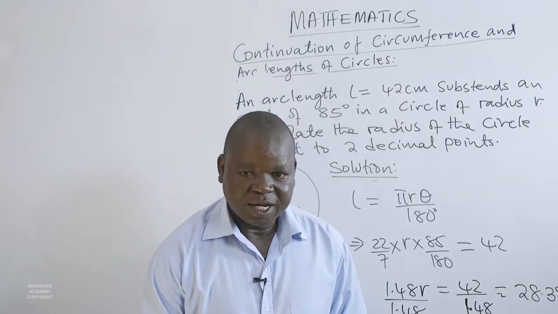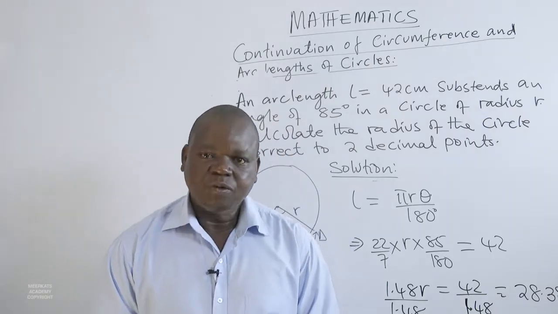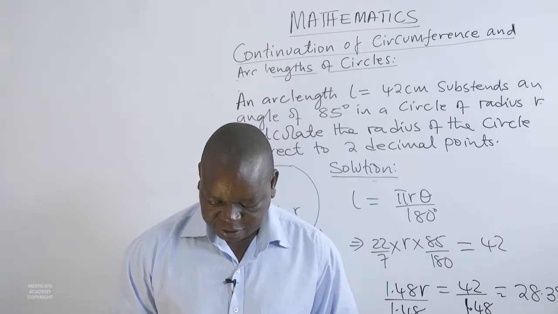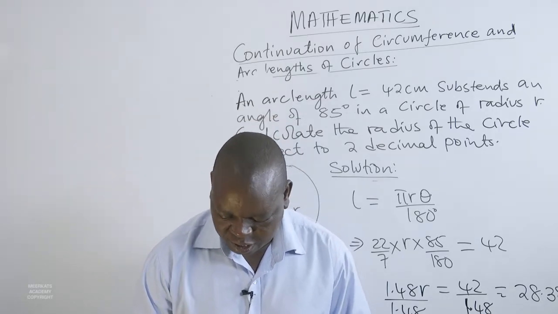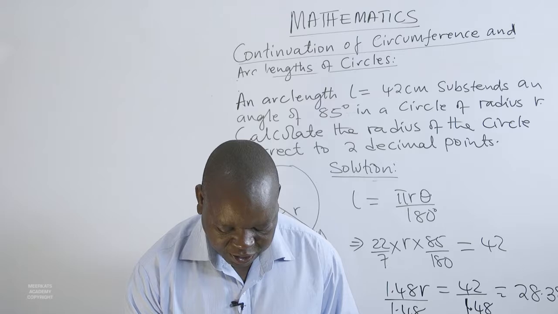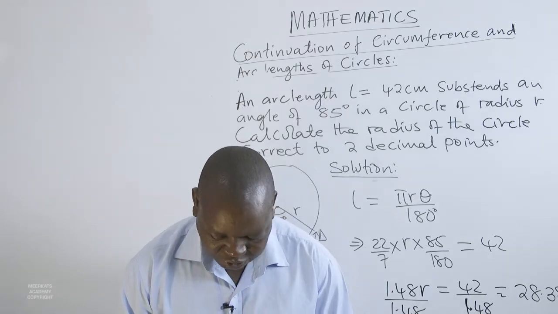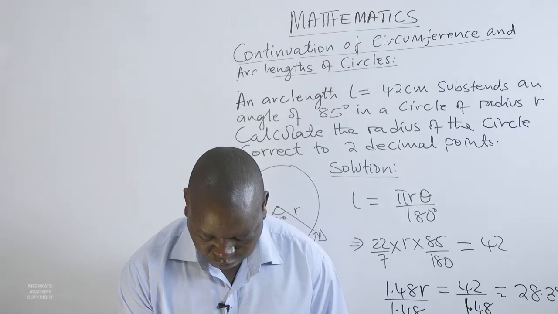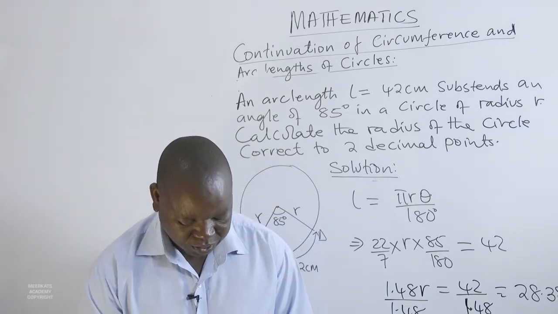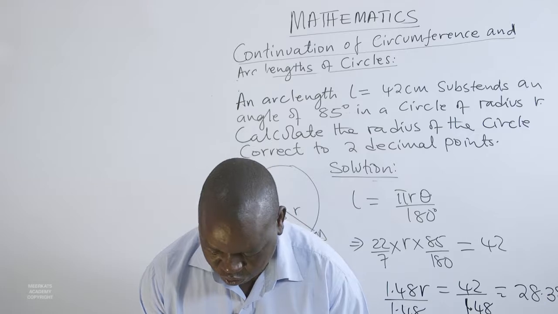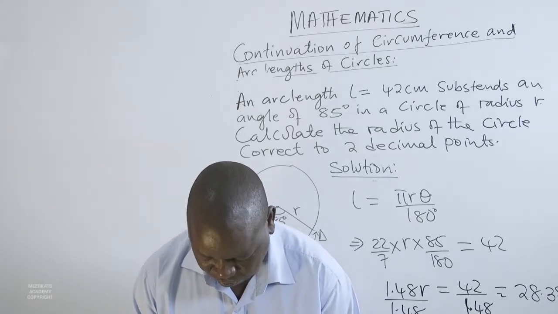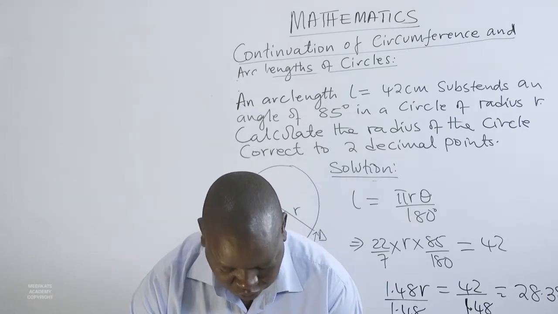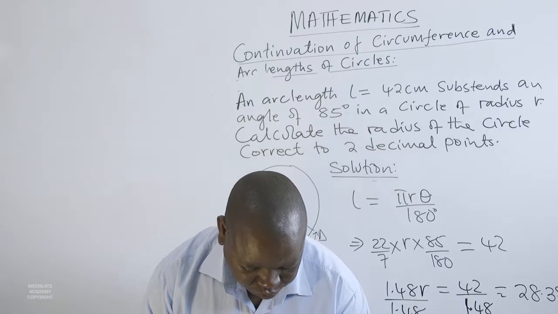So that formula guides us in any other question that will be related to arc lengths or circles. So we want to move ahead and look at just applications on what we have done before. Now we go to another subtopic. Now I want us to do this exercise in relation to what we have learned.